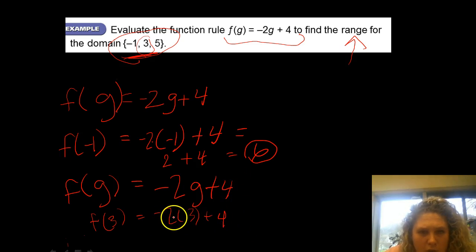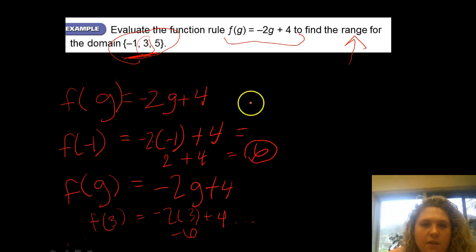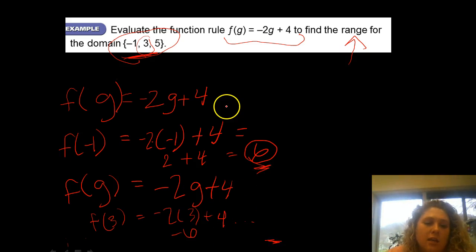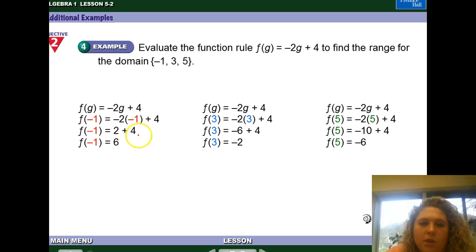So -2 times 3 is -6. Oh, plus 4, so -2. And I will let you finish this and finish our third value as well. When you're done, you'll be able to fill in the range by using these 3 values. So complete these and push pause to finish.